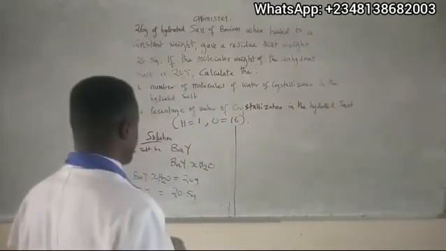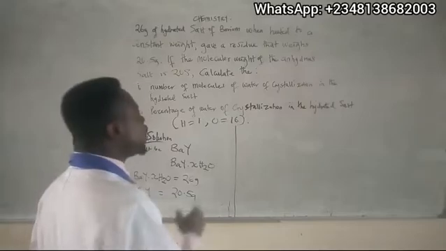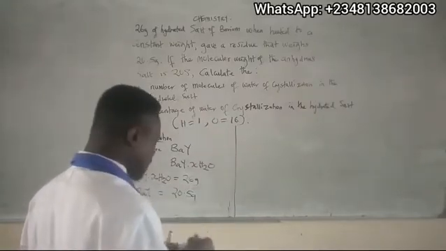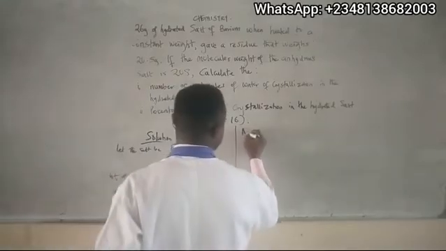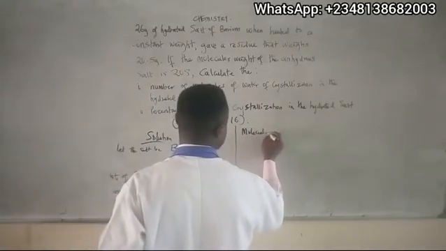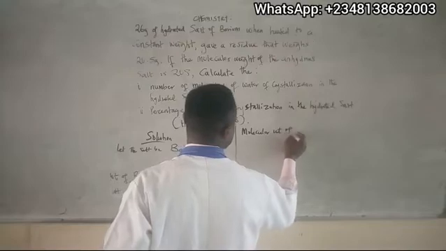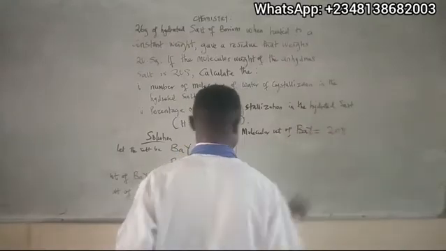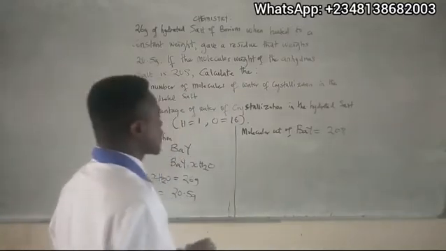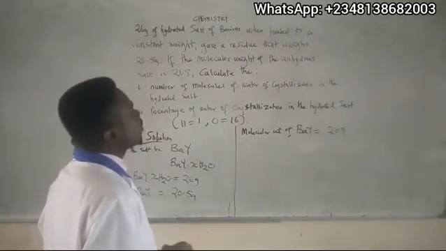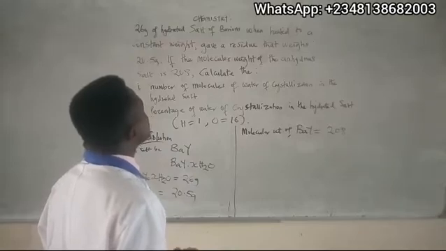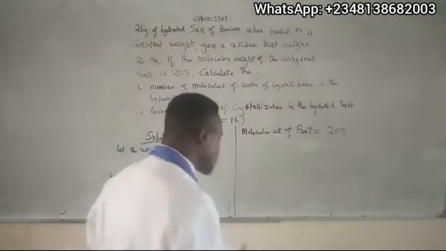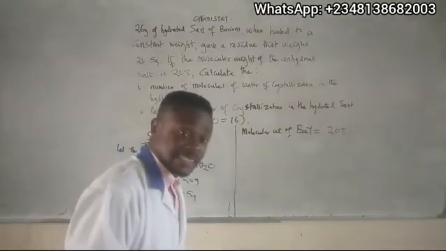Now, what is the molecular weight of this anhydrous salt, BAY? The molecular weight of BAY is 208. While the molecular weight of the hydrated salt, we need to calculate it.